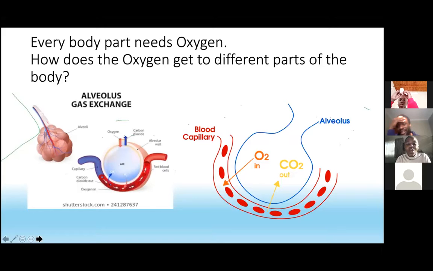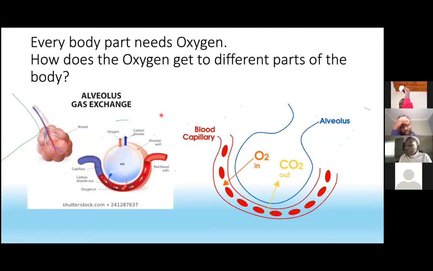So the body takes oxygen to every part of the body through our red blood cells.